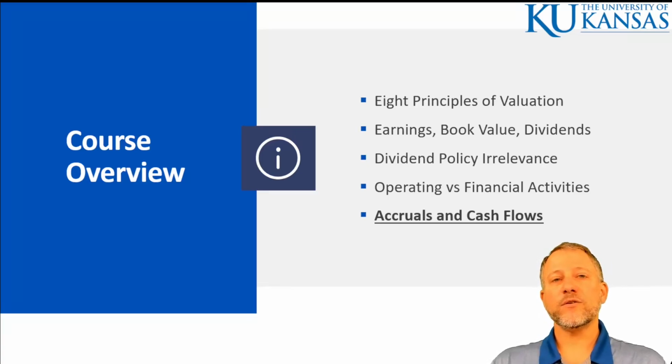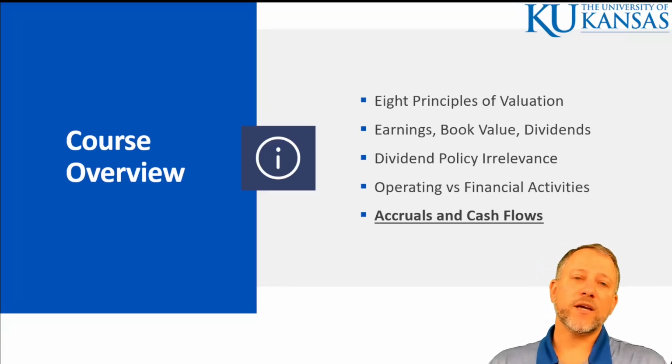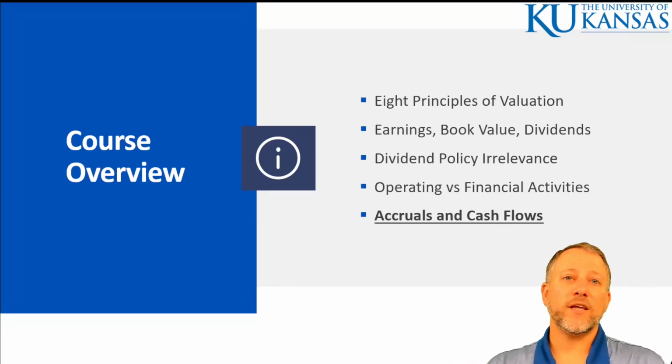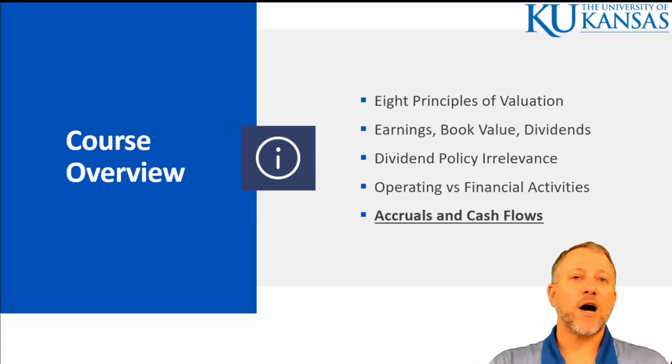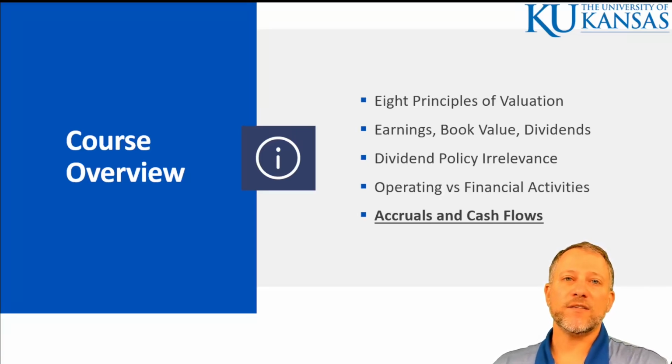In order to figure that out, we learn how to reformulate the financial statements between operating and financial activities. That was the first video where I stepped in as an instructor. So if you go back, you can watch my initial video.